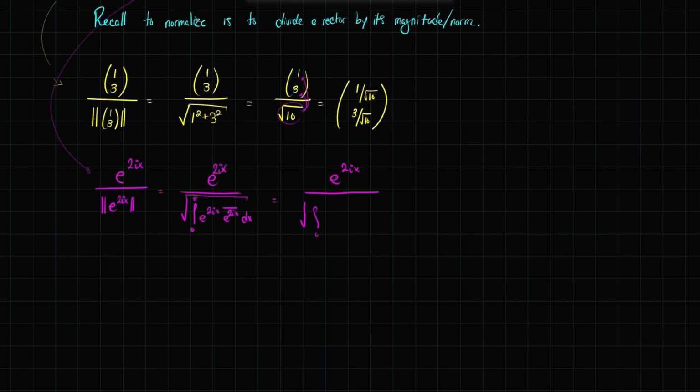Well, the conjugate of e to the 2ix is going to be e to the negative 2ix, and then the exponential rules will add 2ix to negative 2ix, and we'll get e to the 0 again, and e to the 0 will be 1 again.